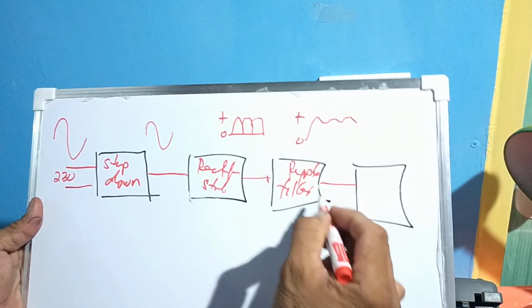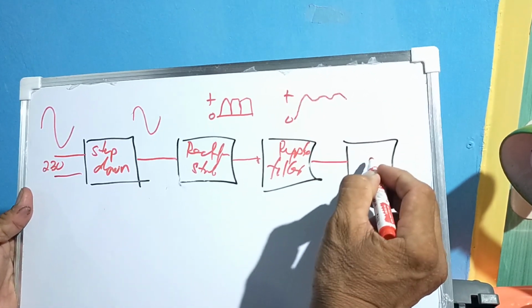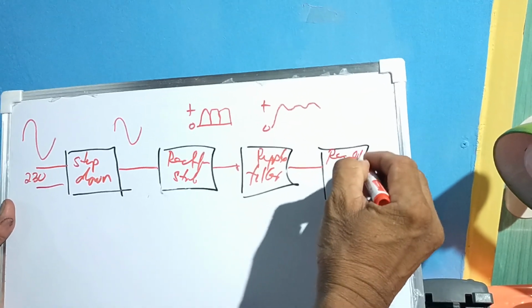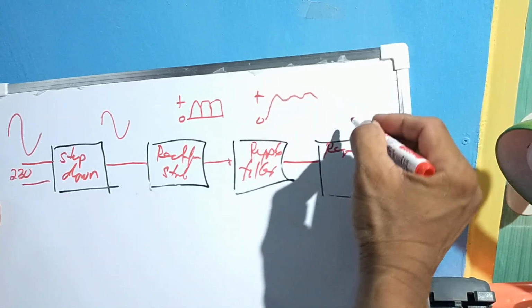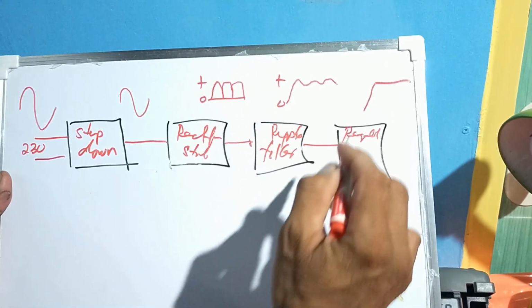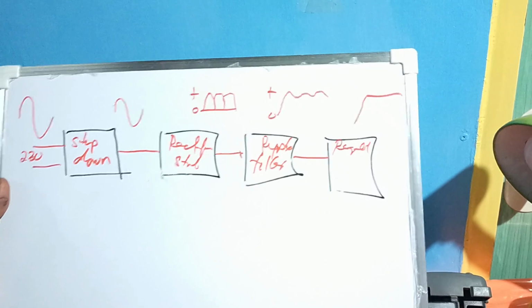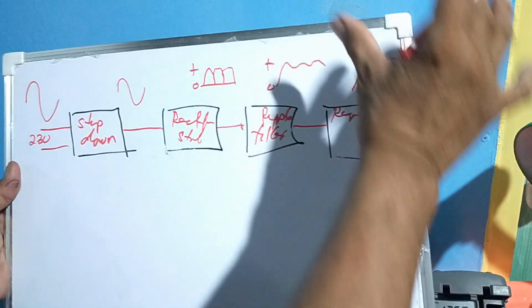Then finally, this variation of DC voltage will be fed to the final stage, which is the regulator stage, wherein the variation of DC is held constant at the output by this regulator circuit. In short, the AC voltage here is converted into DC.